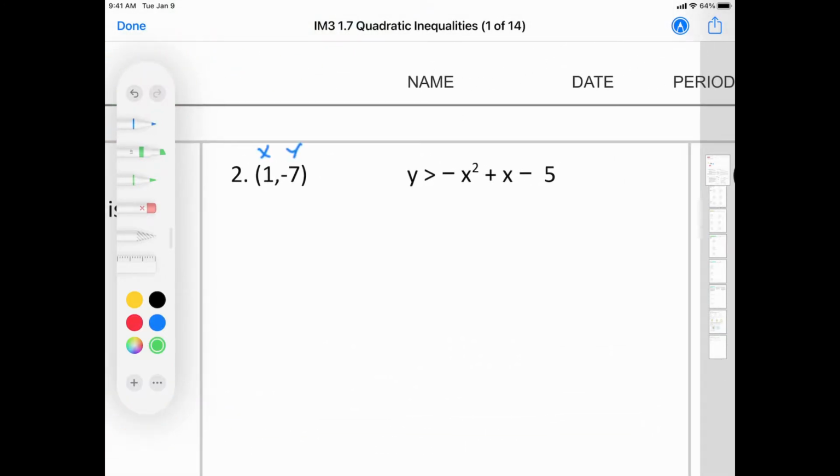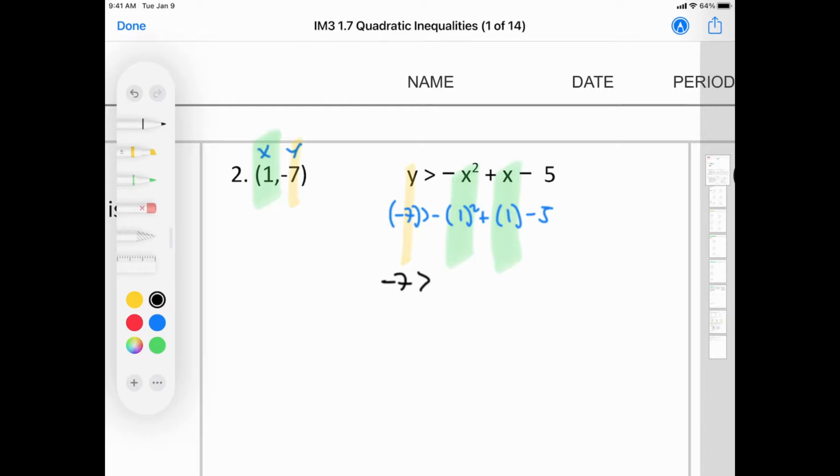X, y. Every y value we're going to put in negative 7. Notice my substitutions are in parentheses. So negative 7 is greater than 1 squared is 1.